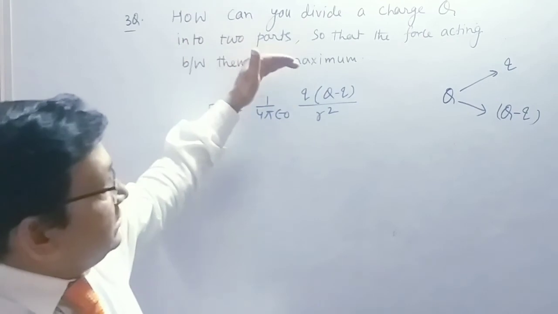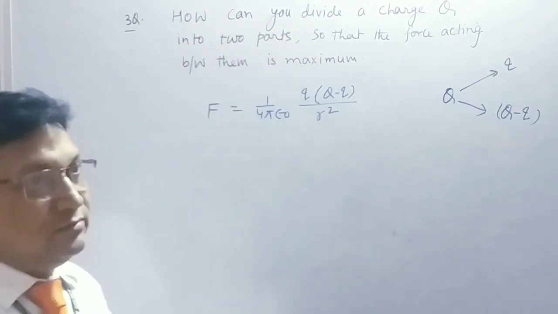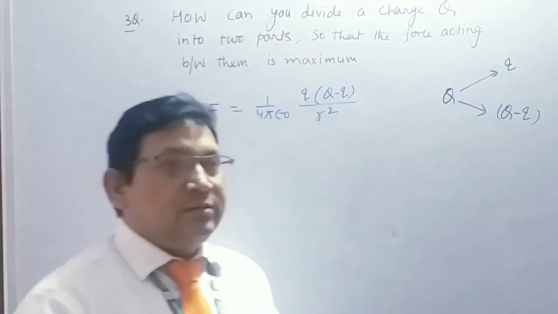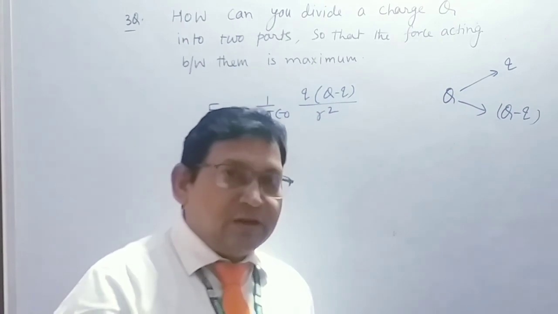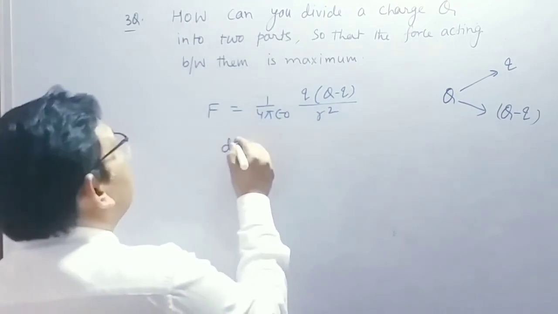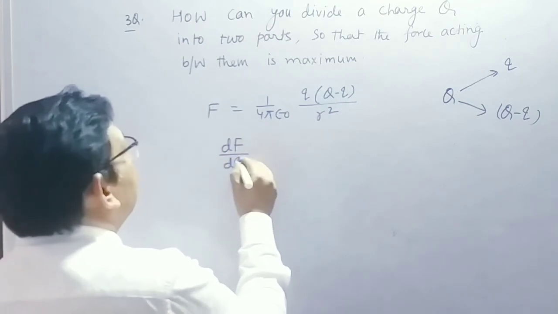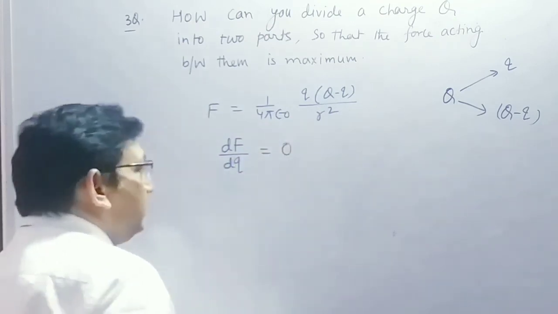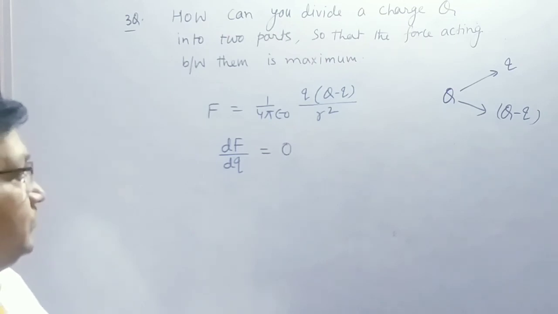Here we have to find when the force is maximum. In class 11 we have done the condition of maxima and minima. On that basis we can write dF by dq is 0. Got it?